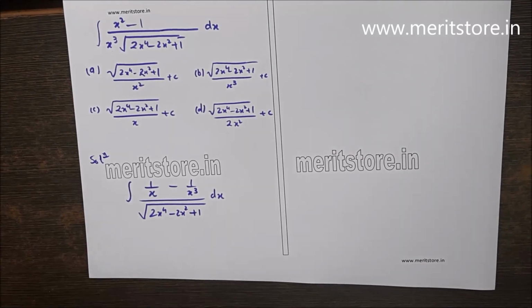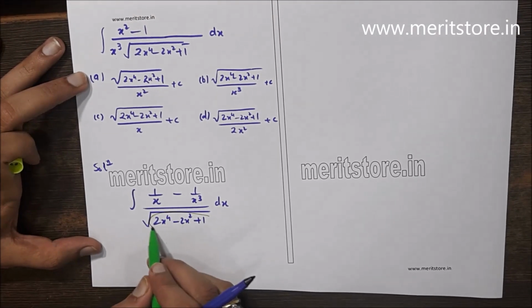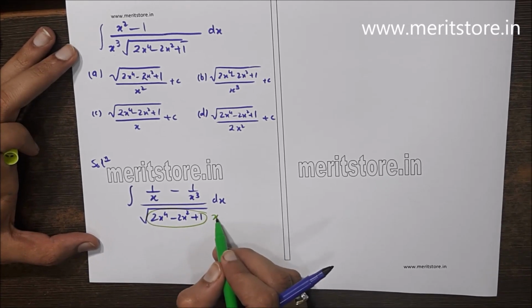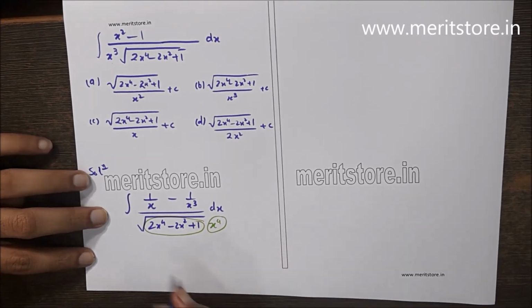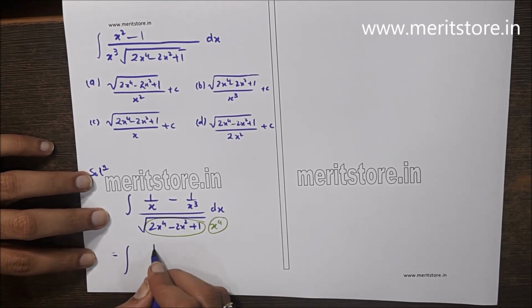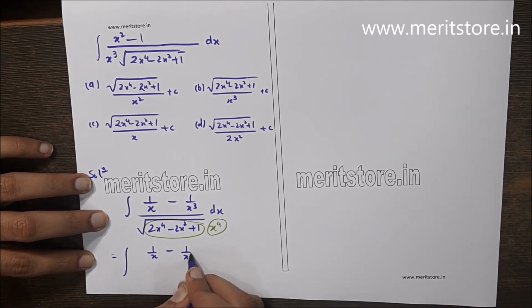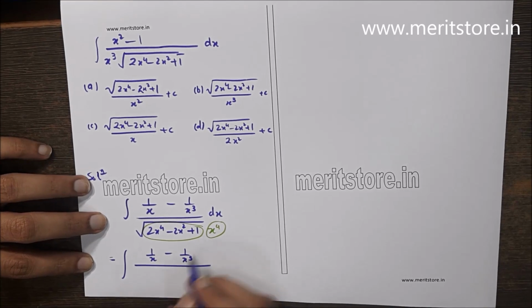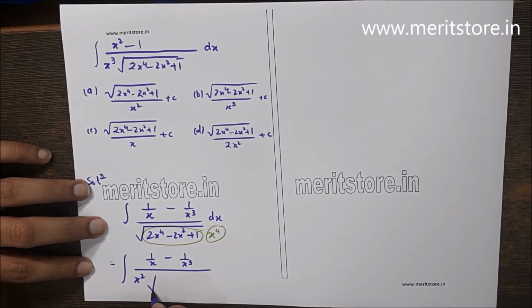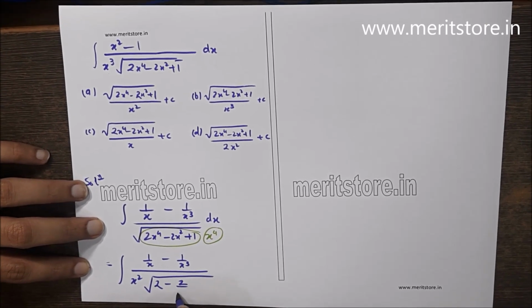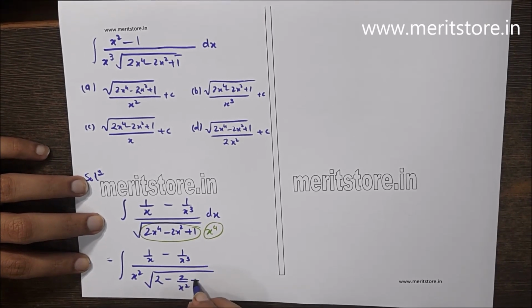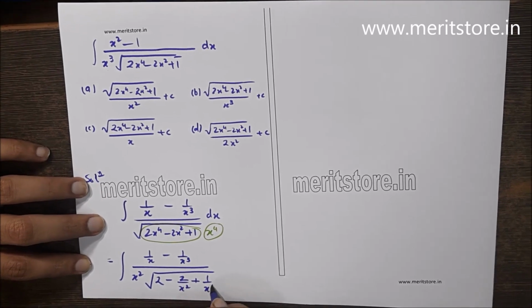In the next step, from this denominator, I'm going to take x raised to 4 common. What we'll get is integral of 1 upon x minus 1 upon x cube divided by x square with the root of 2 minus 2 upon x square plus 1 upon x raised to 4.